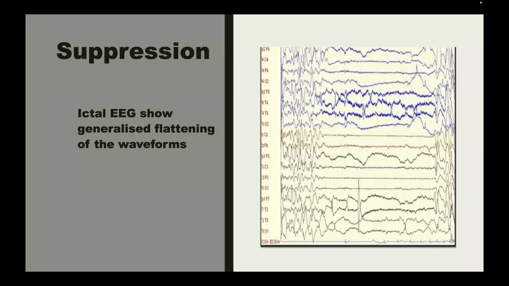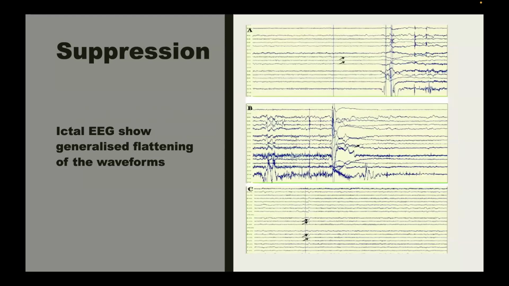This type of ictal rhythm is mostly missed during the EEG report. The next example is also suppression, a generalized flattening of the waveform. Flattening is also an ictal event.